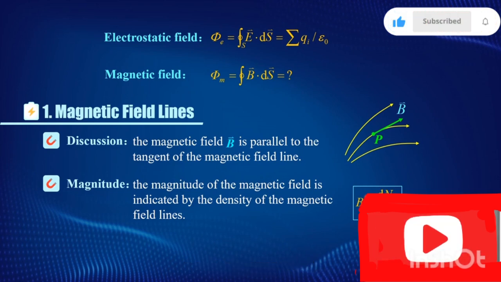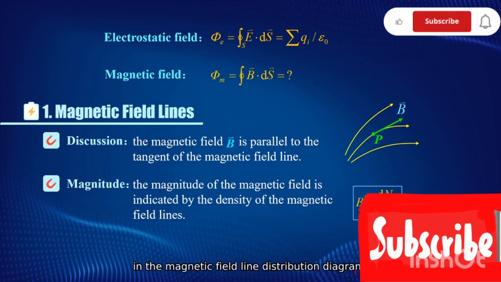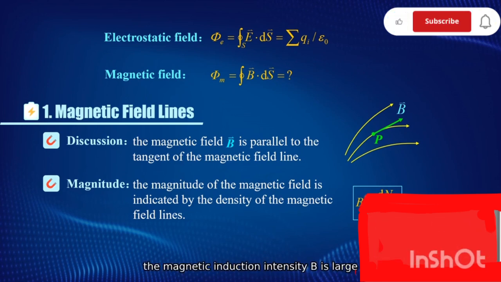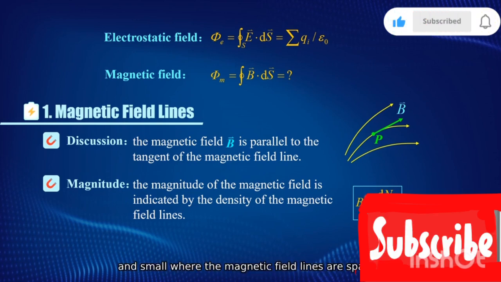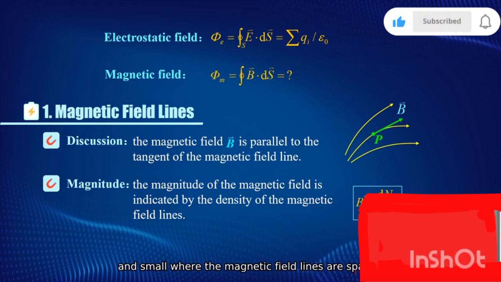In this way, in the magnetic field line distribution diagram, the magnetic induction intensity B is large where the magnetic field lines are dense, and small where the magnetic field lines are sparse.